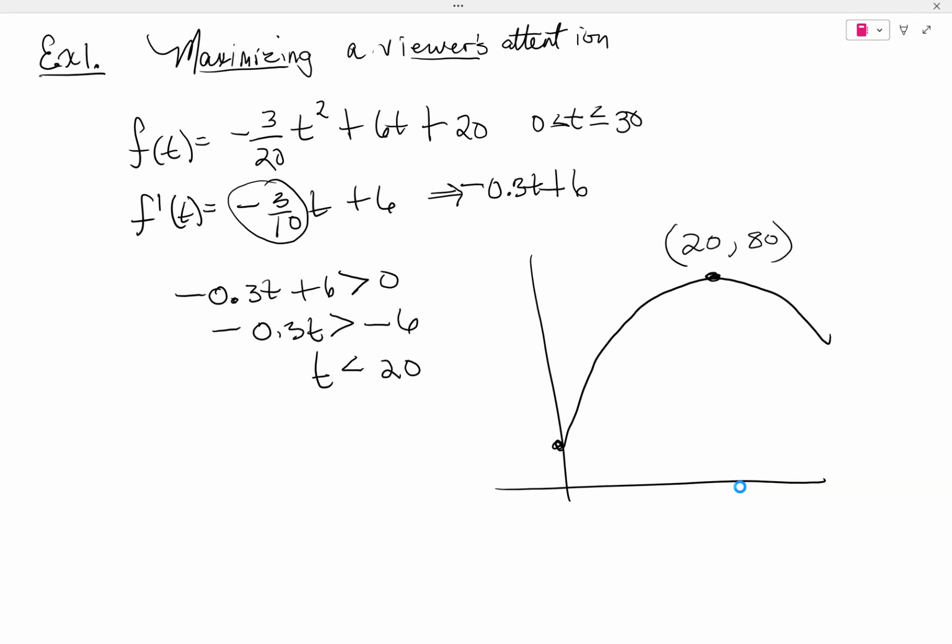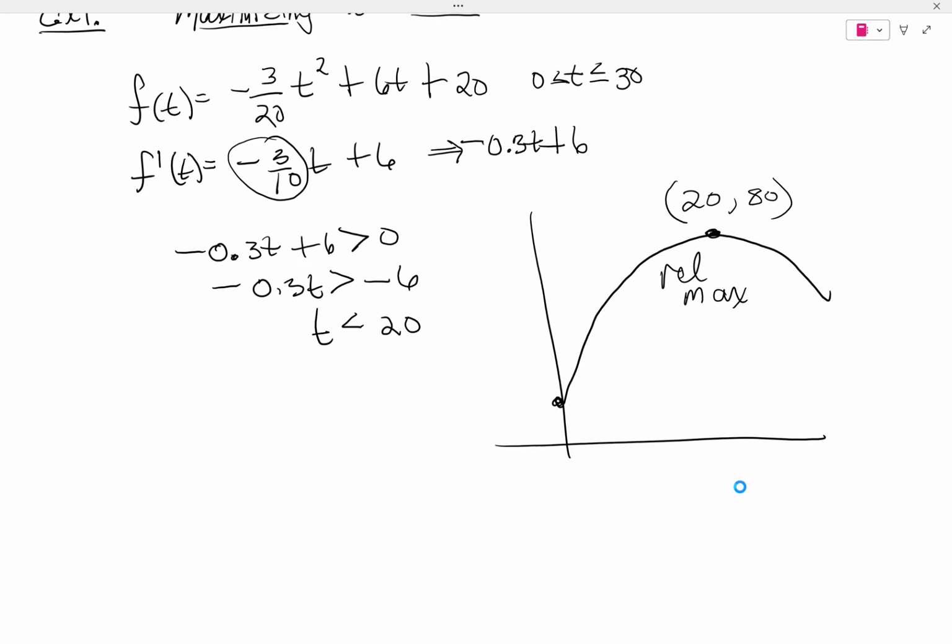So in this case, the maximum level of attention is about 80%. We relate to this as the relative max viewing attention. Another way to think of this is as relative extrema.